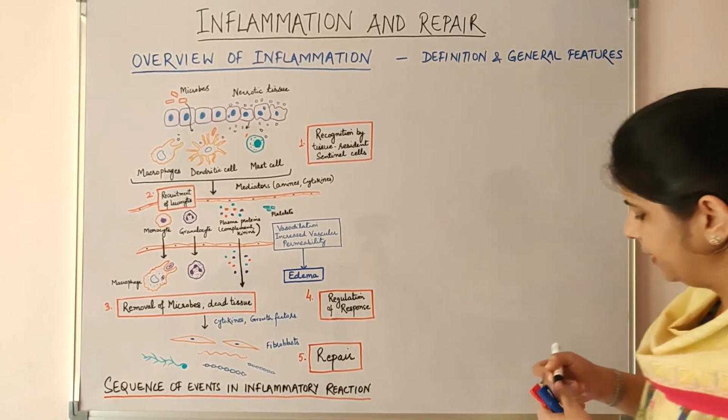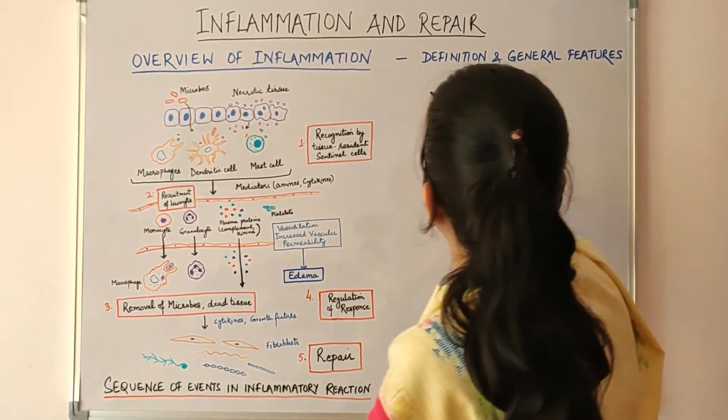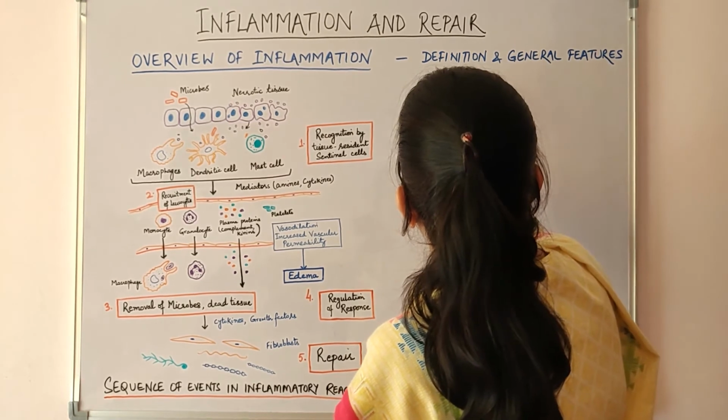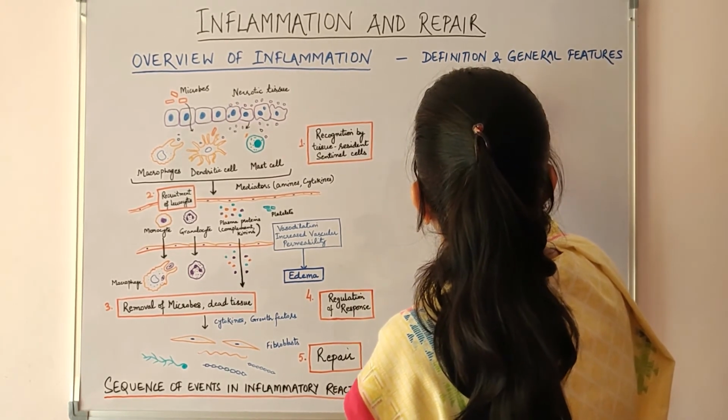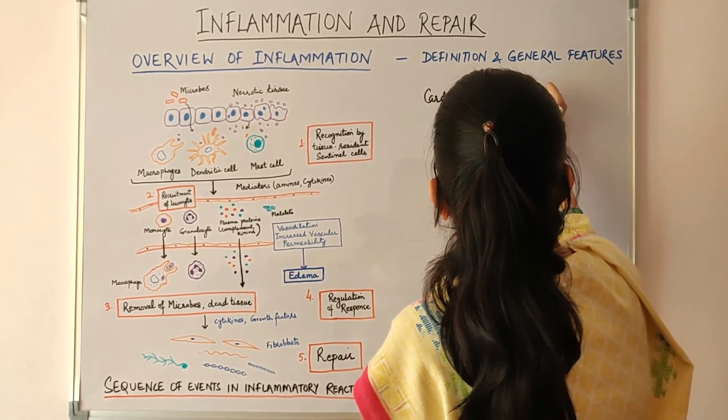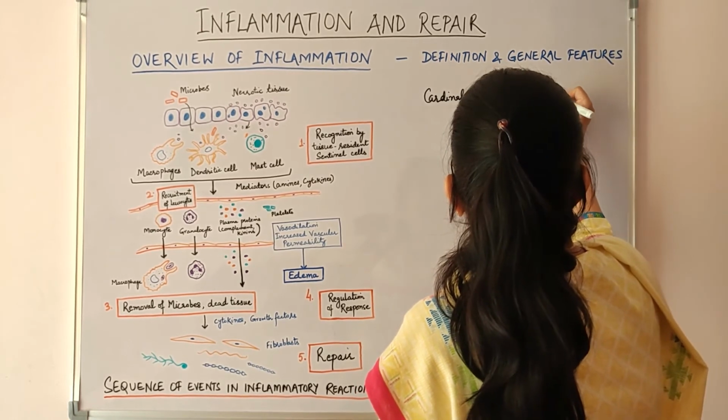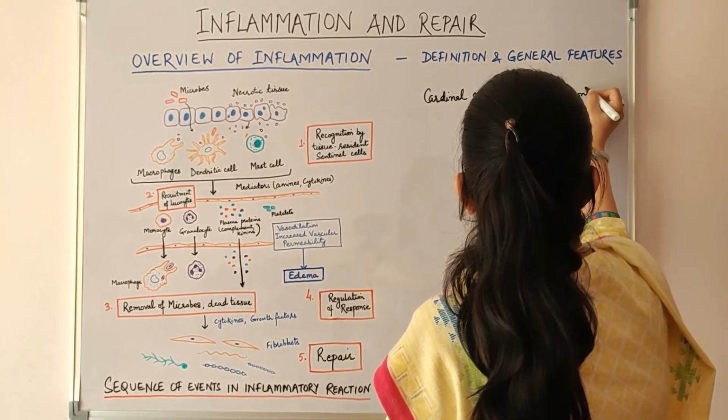Now, what are the cardinal signs of inflammation? So there are 5 signs.